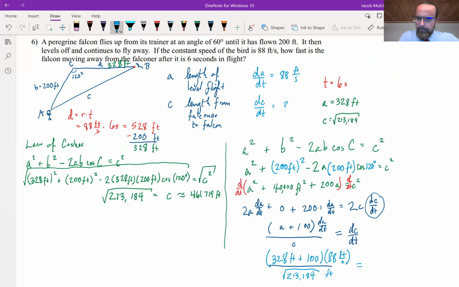And that is going to be equal to dc/dt. Again, that's what I'm trying to find. And again, that expression on the left is exact. If I run it through a calculator, I'll get the approximate rate of change of 81.574 feet per second.